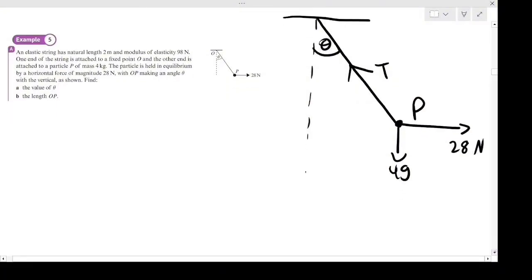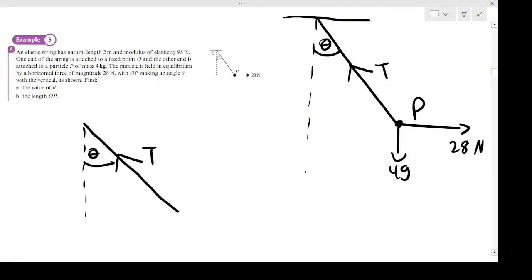So if I just literally isolate and only draw the tension force like this, if I only focus on T, well, if I want to go up the string in this direction to split it up horizontally and vertically, I'm first going to have to move to the left, then up. Hopefully you can see that.